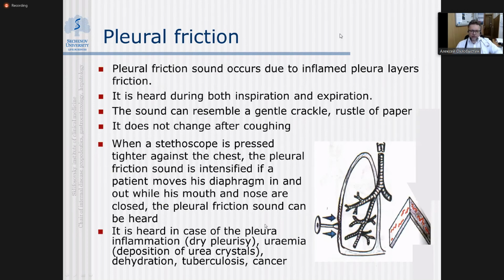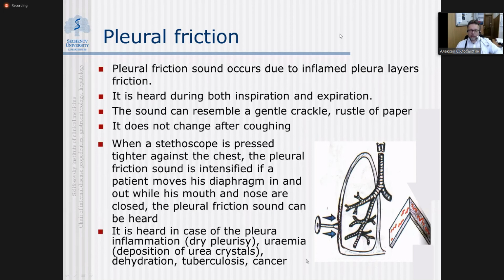Pleural friction rub is a sound indicating unsmooth pleura. It may be heard sometimes in patients with just dry pleura with dehydration. Sometimes it may be seen in patients with metabolic issues, when there are crystals of urea in severe renal failure.